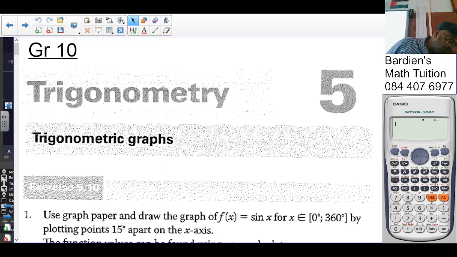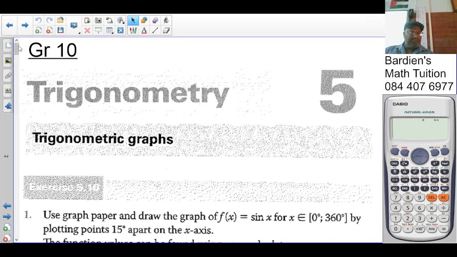So today we're looking at our last lesson on trig graphs, before we go into revision for the final exam. Okay, so at this point, let's just check what we have.